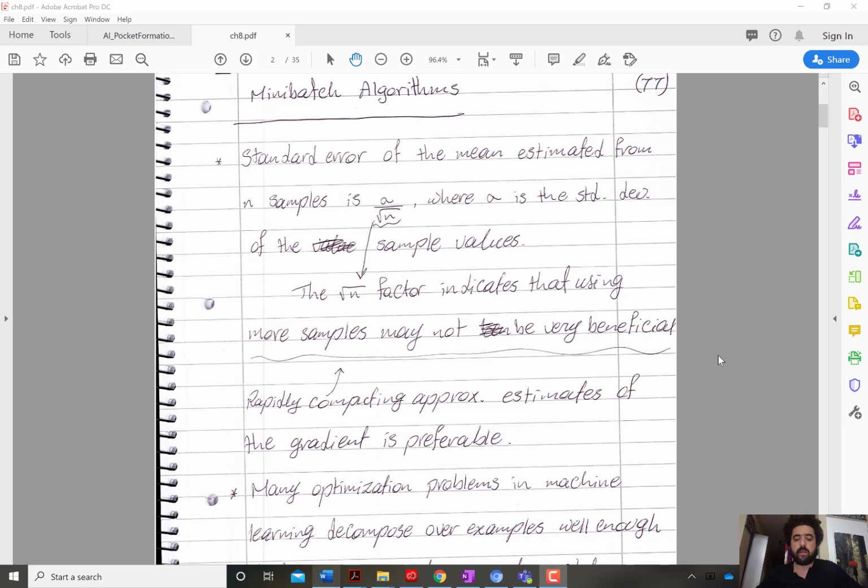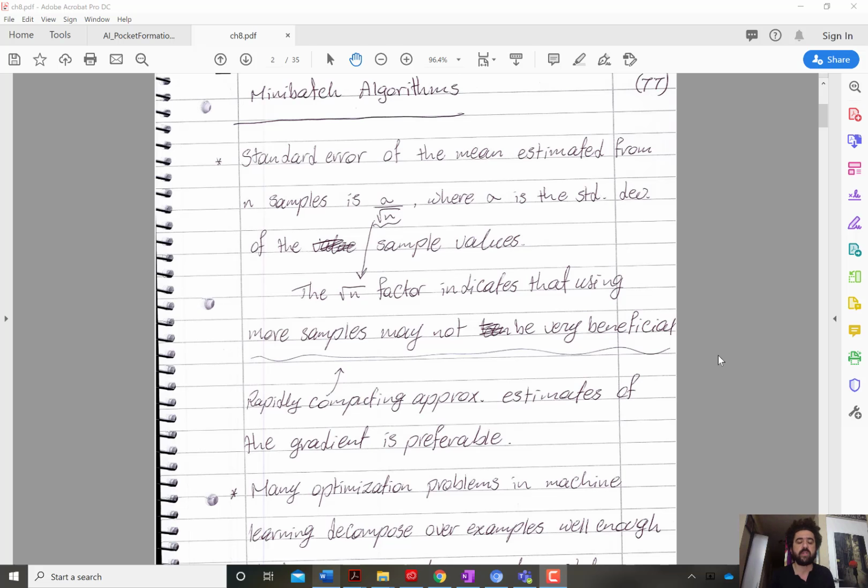And the idea is very simple. Instead of computing the gradient of the loss with respect to the whole set of training examples and then updating the parameters based on that gradient, we do it iteratively based on groups of examples. So I pick a group of 10 examples.